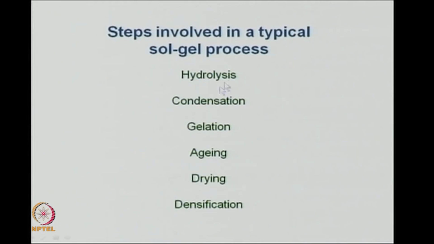Now, the steps which are involved in a typical sol gel process: you have first the hydrolysis step, then you have the condensation step, and after the condensation step you have the gelation and you get the gel, and then the gel is allowed to age. That means it is kept for some time, and during aging some solvent may go away, and after that you have to dry the gel and then densify it.